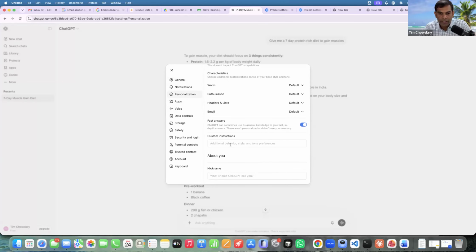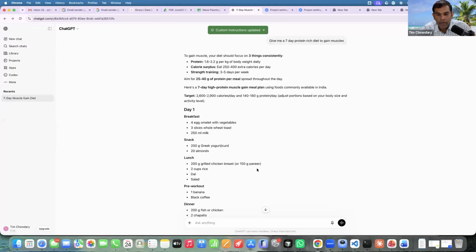Okay, let's say I am a pure vegetarian. The LLM does not have any context about myself, and hence it is giving a combination of veg and non-veg options for me, right? It didn't know that I'm a vegetarian.